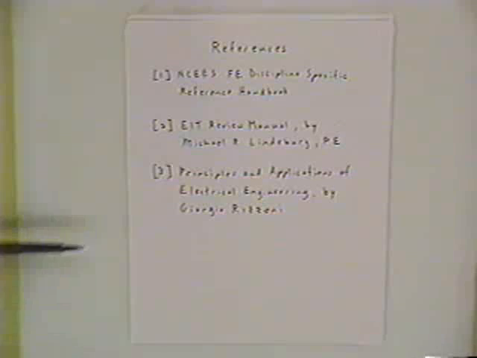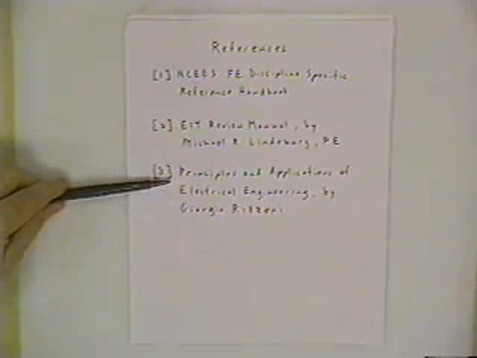Wanted to show you the references that I used. I guess I showed them to you briefly at the beginning. There's a description of these books. The first one is the reference handbook, similar to the one you're going to be allowed to use in the exam. Second reference is the EIT review manual that I believe you have copies of. Now the third one, I'm just giving you the bibliography data, just the author and title of this book.